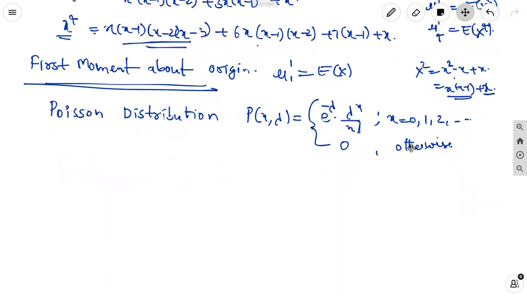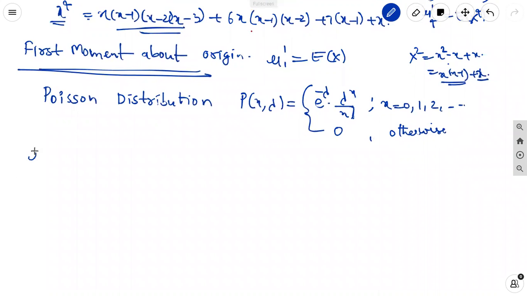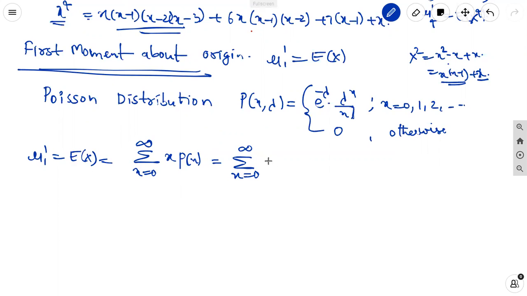Here, the first moment is mu1 dash. It is equal to expectation of x. It is equal to summation x from 0 to infinity x p of x. P of x means e power minus lambda into lambda power x by x factorial.